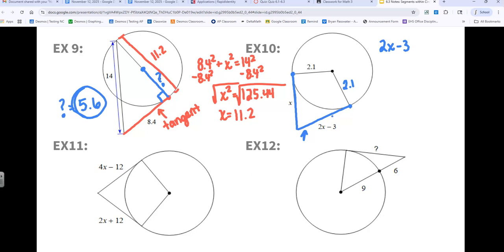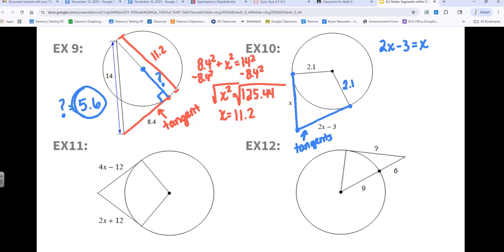Like each one of these lines individually, what type of line are they? Tangents, right? Right, those are tangents. They only touch the circle at one point. And so if they are tangents coming from the same point, we just had that property that says they're equal to each other, right? So we can just do x right here. Do we need the 2.1 at all for this?